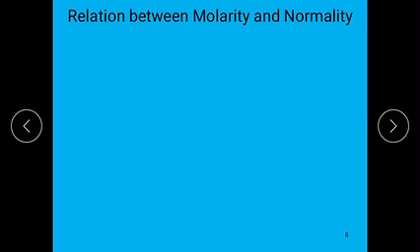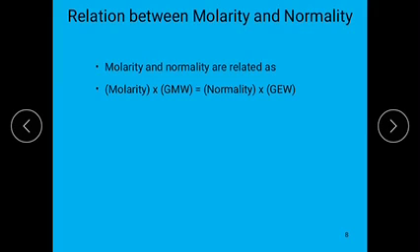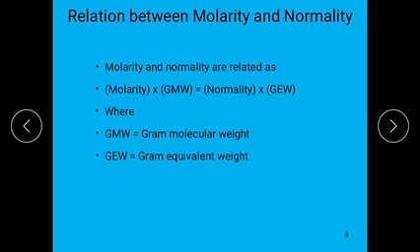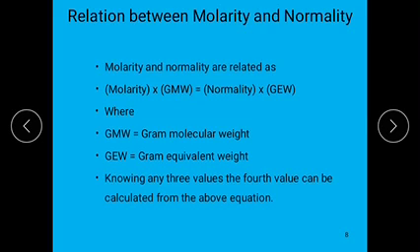Now we have to discuss the relationship between molarity and normality. Molarity and normality are related as molarity into gram molecular weight equal to normality into gram equivalent weight, where GMW is gram molecular weight and GEW is gram equivalent weight.